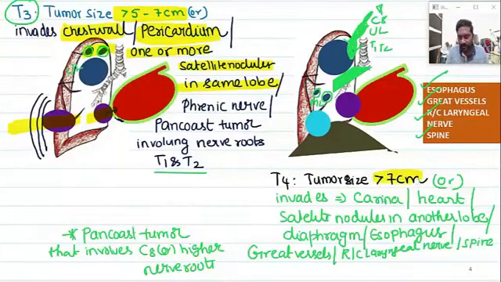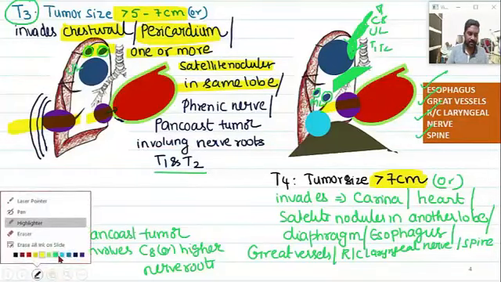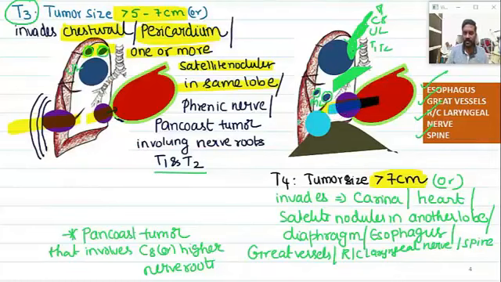So the size will be more than 7 centimeters, and it will be more aggressive. So directly involving the heart. You can see here it is involving the heart, involves the diaphragm, goes and involves the carina. There can be satellite nodules in another lobe.